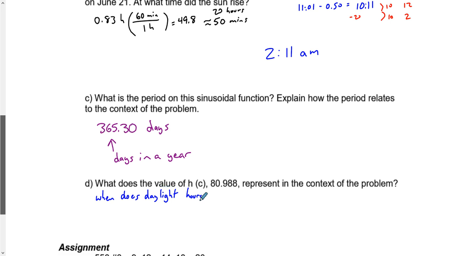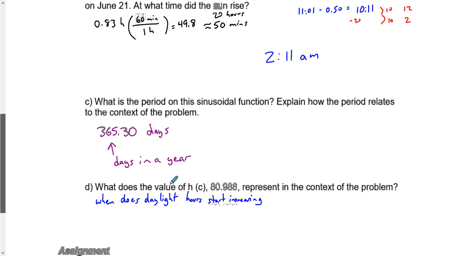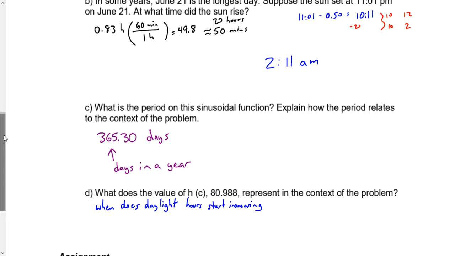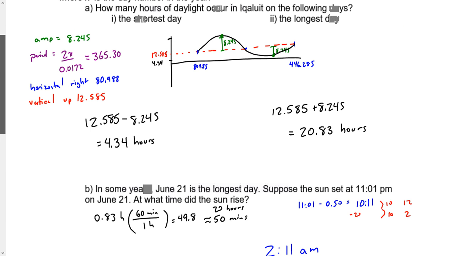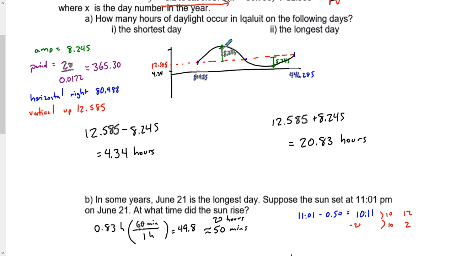When do daylight hours start increasing? And because that's a horizontal movement, notice how I use H, the textbook uses C. But when it starts actually increasing in daylight hours, because it goes up from there, we can identify exactly what this one would be too.